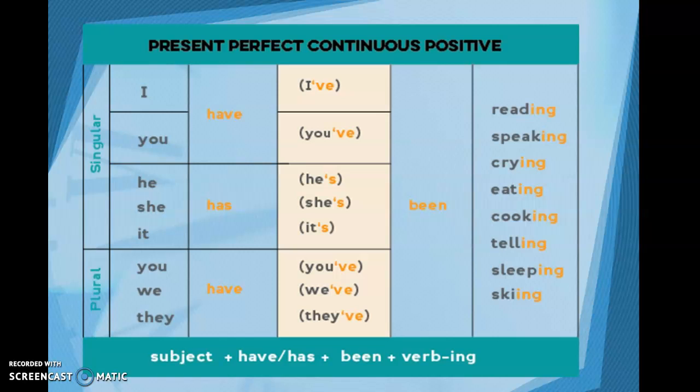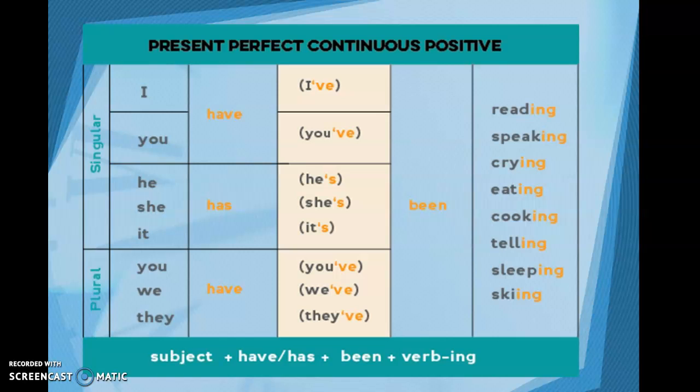I'll give you an example. Look at I. I have been reading since morning. You have been speaking for 2 hours. He has been eating since half an hour. She has been cooking for 2 hours.